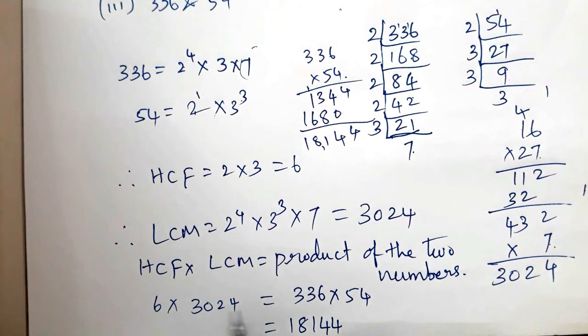Here do the multiplication. 6 4s are 24, carry over 2, 6 2s are 12, 12 plus 2 14, carry over 1, 6 zeros are 0, 0 plus 1 1, 6 3s are 18. Now both sides got same answer, therefore hence verified.